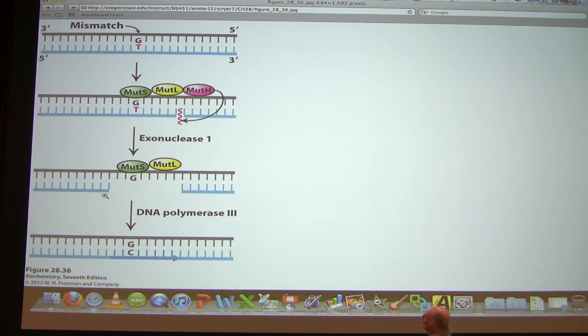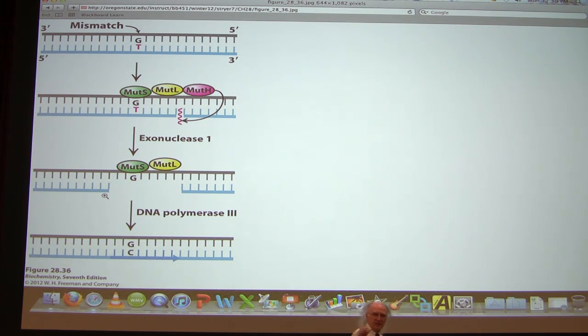How does this work? Well, E. coli has a protein called MutS, M-U-T-S, and its sole job is to scan the DNA and find where mispairs have occurred.